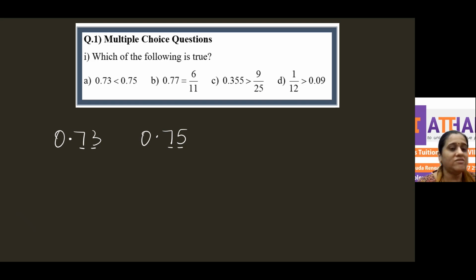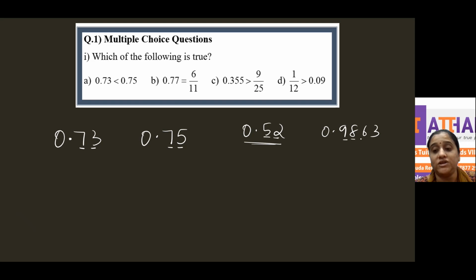Suppose look at these 2 decimals, 0.52 and 0.9863. Now, these two are unlike decimals because they do not have the same number of digits after the decimal point. This one has 2 digits after the decimal point, and this one has 1, 2, 3, 4 digits.